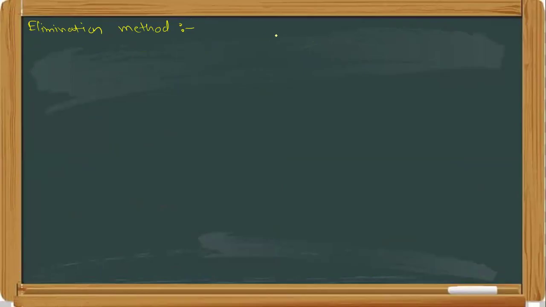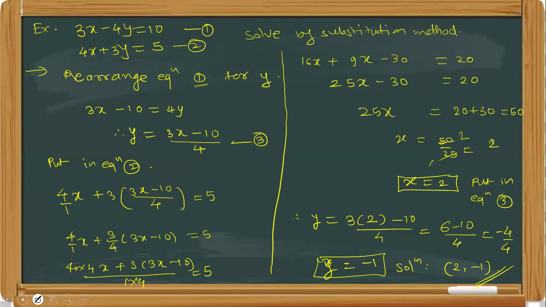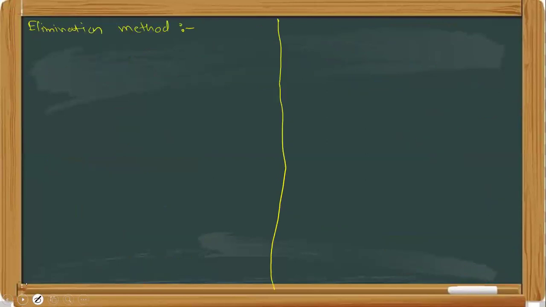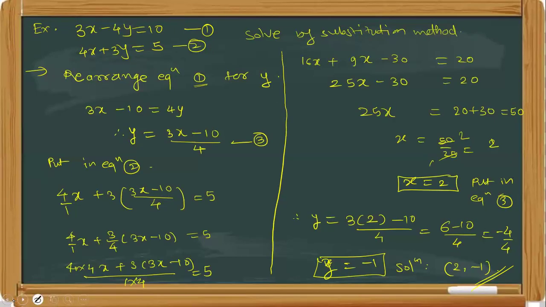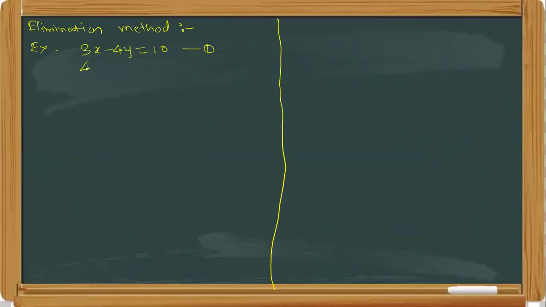We have that freedom. Let's take this example only. 3x minus 4y equals 10 as equation 1, and 4x plus 3y equals 5 as equation 2.